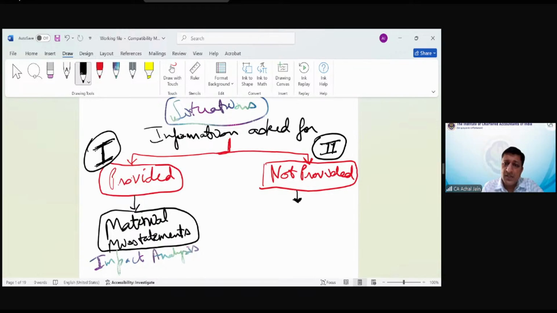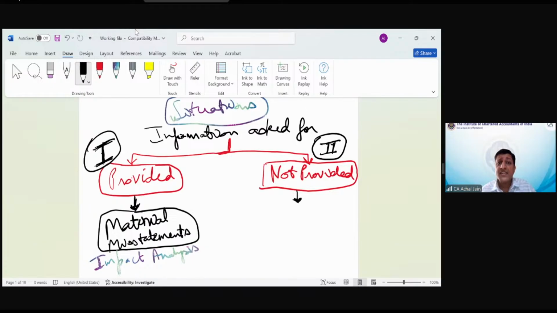So in this case, the conclusions that he draws, do you think those areas may have some material misstatement? The answer is again yes. There's a possibility. Yes or no? Yeah.